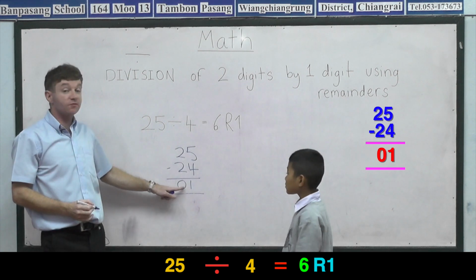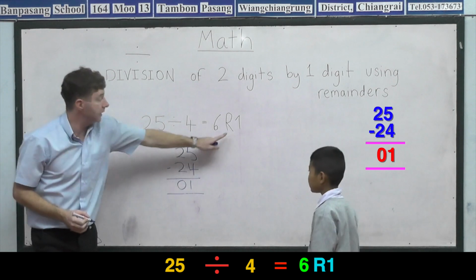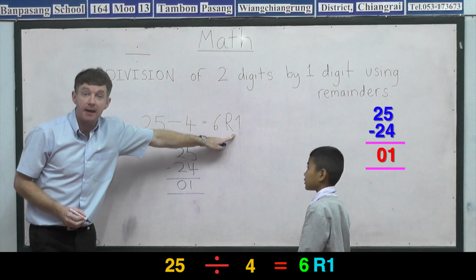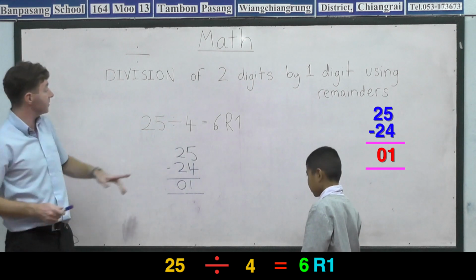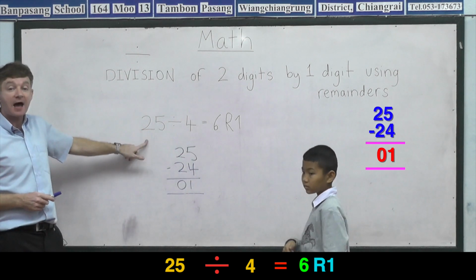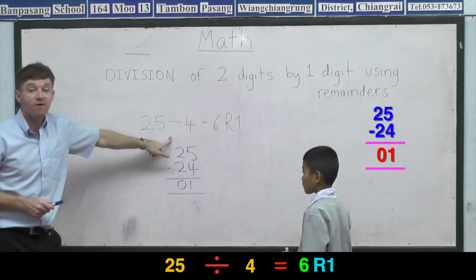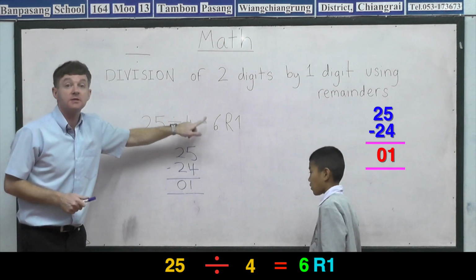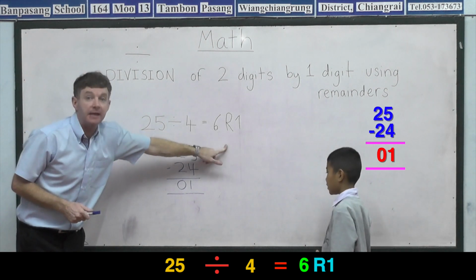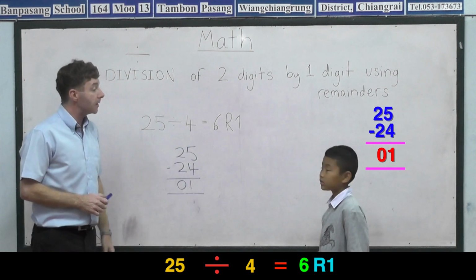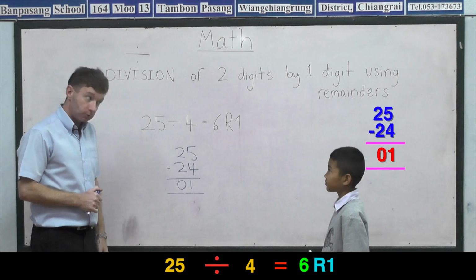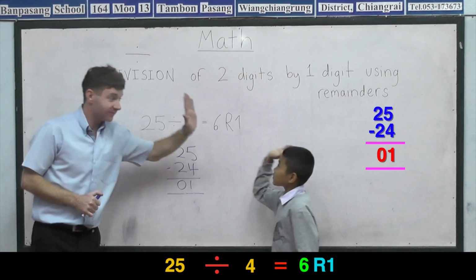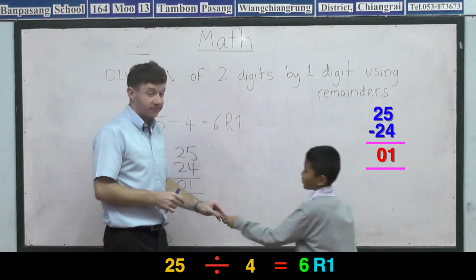So we can't just forget about the 1. We need to include the 1 as a remainder. So all together, guys, 25 divided by 4 equals 6, remainder 1. Bangpon, is that correct? Yeah. Are you sure? Yeah. Are you really sure? Yeah. High five. Round of applause for Bangpon.